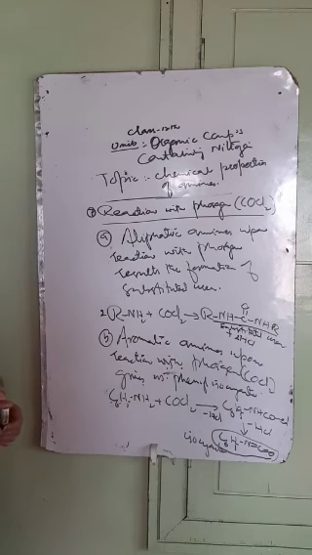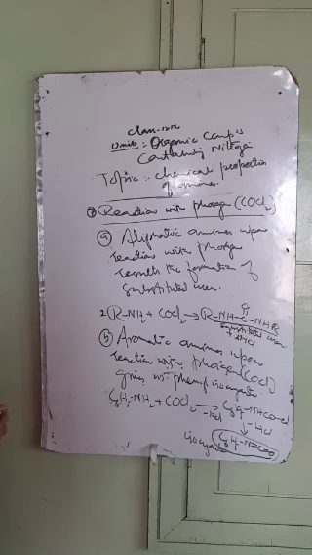aldehydes and ketones which possess alpha hydrogen atoms and result in the formation of enamines. Then we have the carbylamine reaction. In the carbylamine reaction, amines react with chloroform in presence of potassium hydroxide and result in the formation of isocyanides, which have a characteristic unpleasant smell.